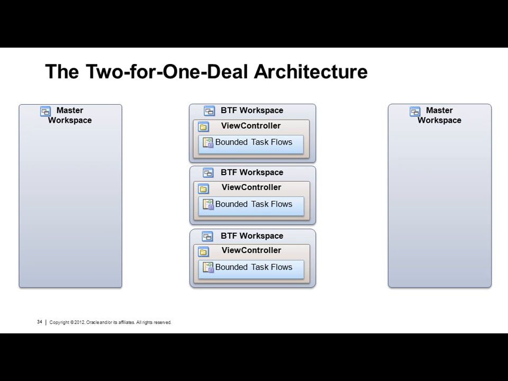So in this diagram, that common functionality is the bounded task flow workspaces. So some of our bounded task flow workspaces might be consumed by one master application, others by the other, but you may potentially have bounded task flow workspaces that may be used by both master applications or one or more master applications. And this is where we've got real reuse coming in. Not just use within one application, but reuse across multiple applications.